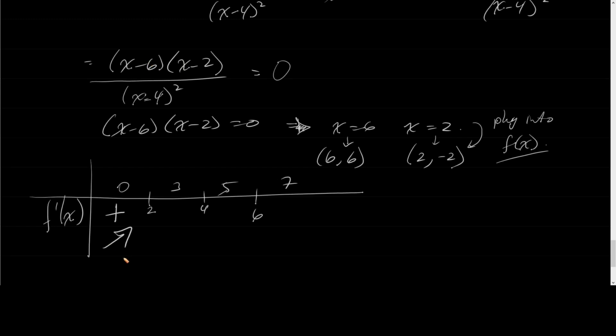Let's plug in 3. 3 minus 6, negative. 3 minus 2, positive. Negative times a positive, negative. So decreasing. Plug in 5. 5 minus 6, negative. 5 minus 2, positive. Negative times a positive, negative. 7. 7 minus 6, positive. 7 minus 2, positive. Positive times positive, positive. So it's increasing.